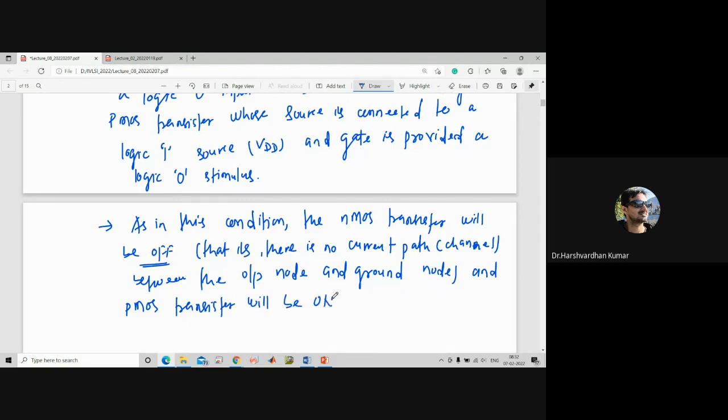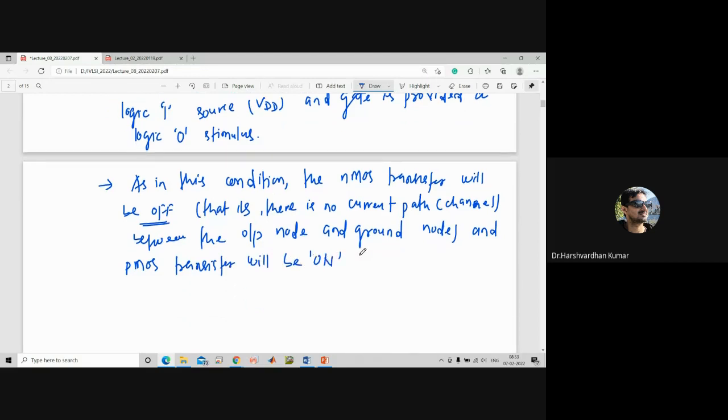So it will be on, which means there will be a current path, or you can say a channel. As a result, the channel in the PMOS transistor is on.